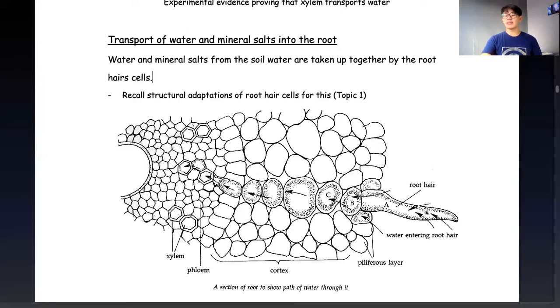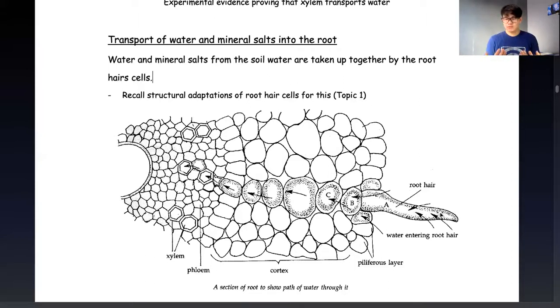At the end, you can see this particular cell, labeled A. This is what we call the root hair cell. The roots have a lot of these root hair cells at the periphery, with a lot of extensions, what we call root hair extensions.